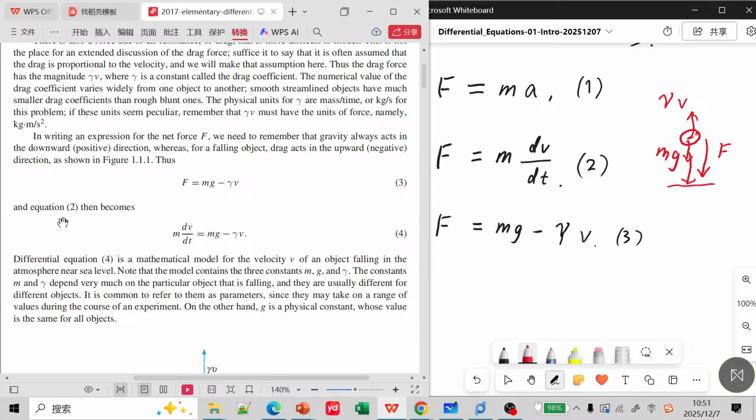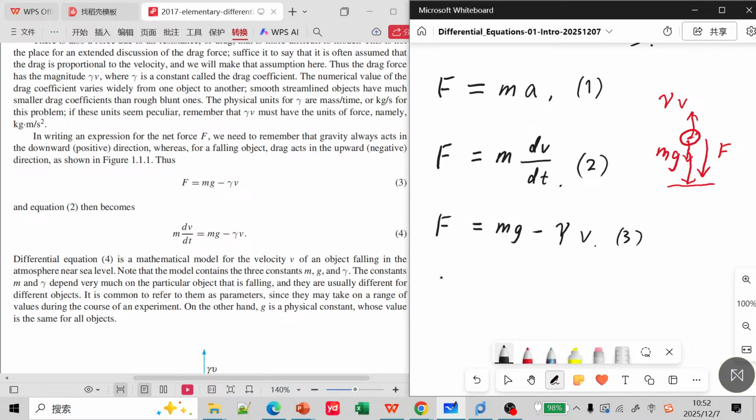And equation 2 then becomes another equation. That is the fourth equation. Let's write it down. Because this part is about the force, and this part is about the mass and the acceleration. So let's put the right hand side part into this position.